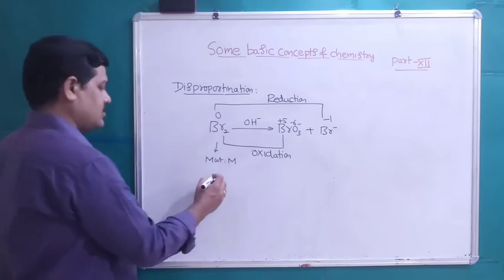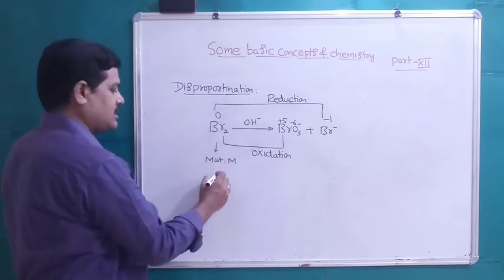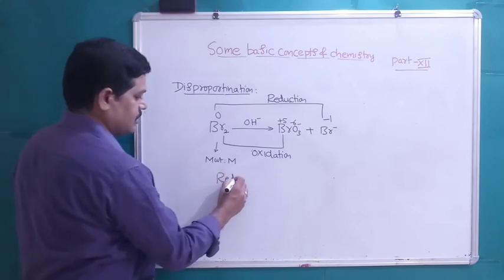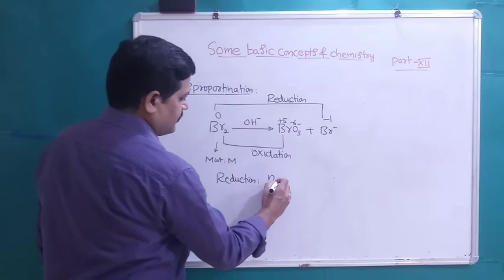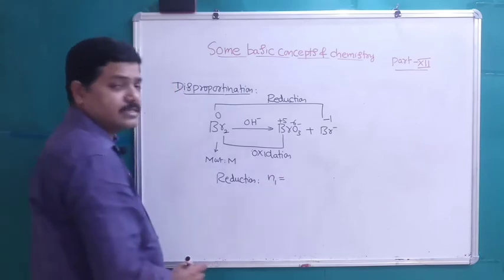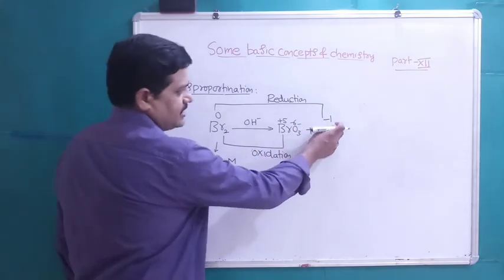So students, the number of electrons transferred in the reduction process, assume that as n1. Here for 1 Br it is -1.